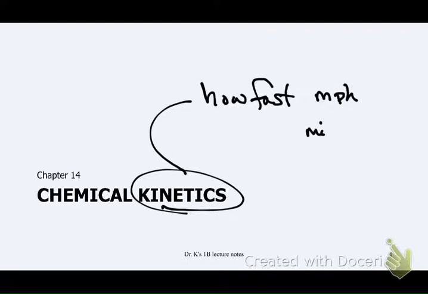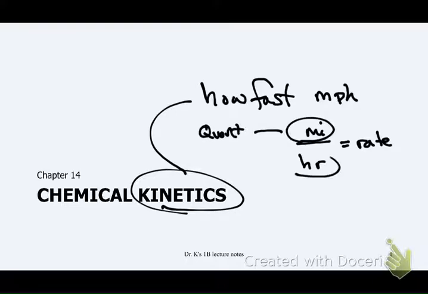That's miles over hours. That's what we call a rate. How fast something is going. This is a rate. It's a quantity and a unit of time. So we're always going to have some sort of unit of time. In chemistry, what do you think our quantity is? There's a lot that we use, actually.